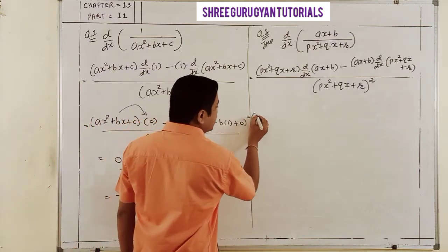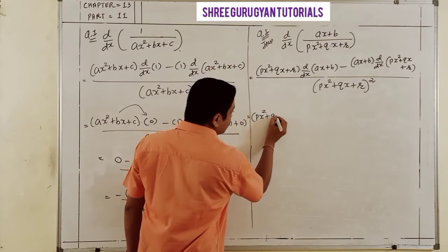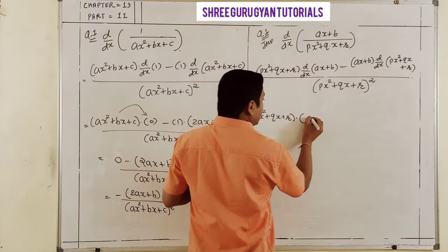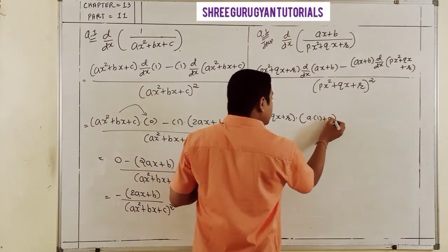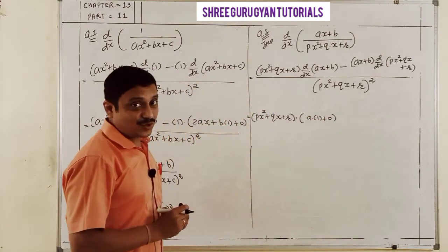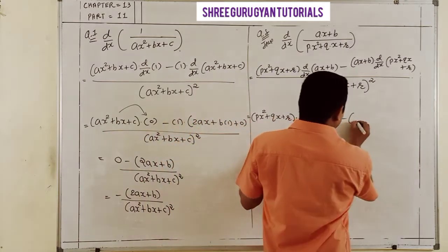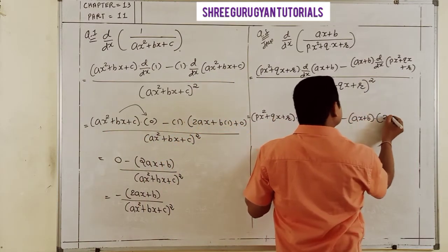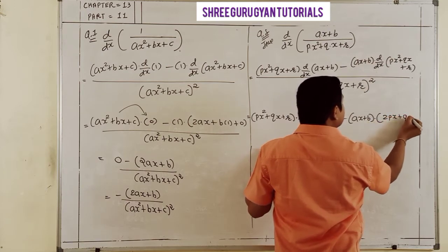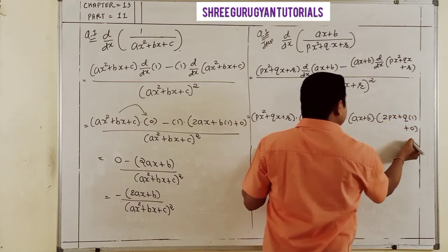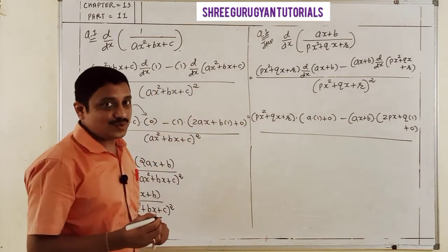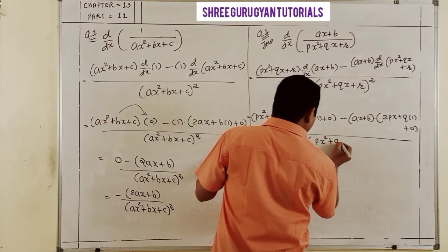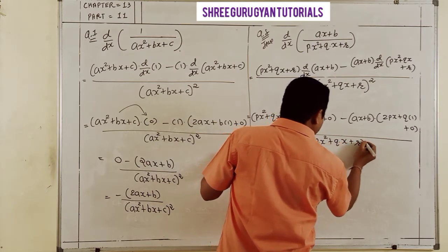Now create your derivatives one by one: here the derivative of ax is 1 but b is 0, minus ax plus b times twice px plus q, where the derivative of qx is 1 but r is 0, and downward the same px square plus qx plus r the whole square.